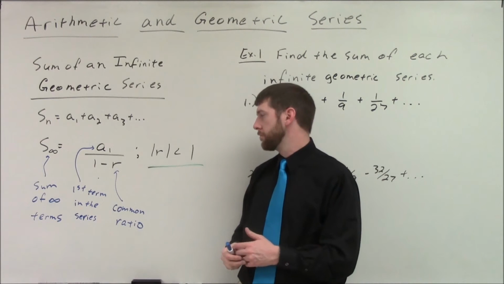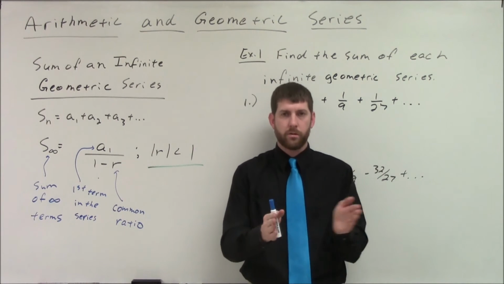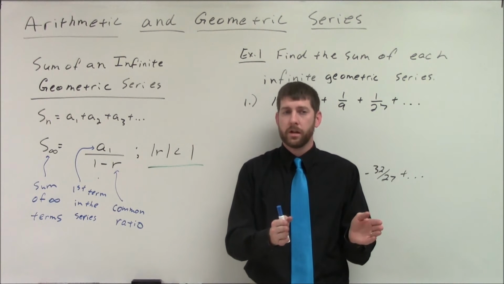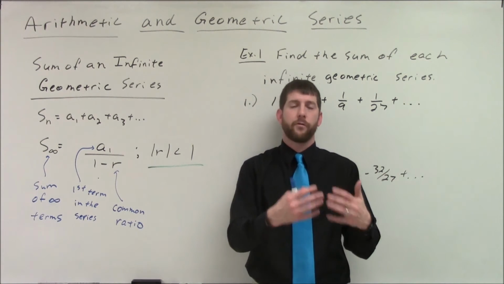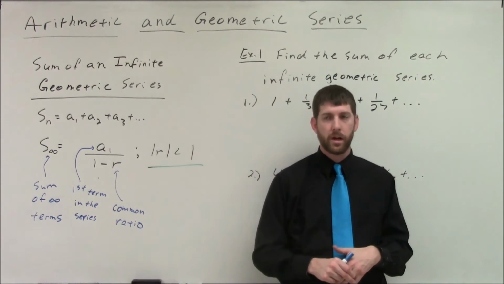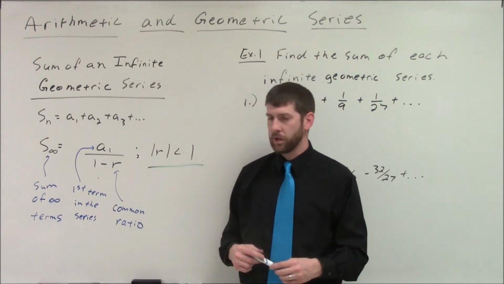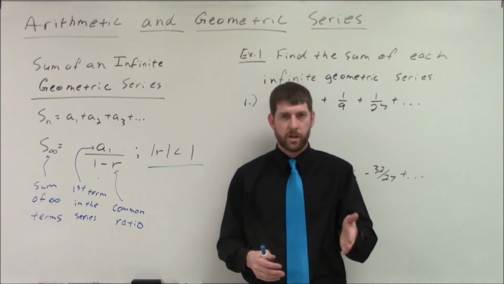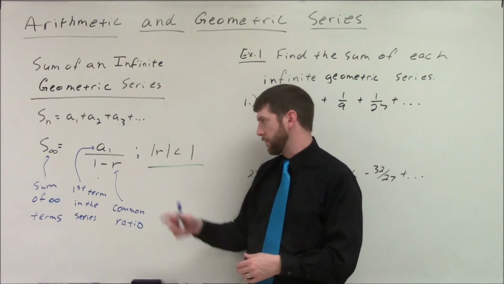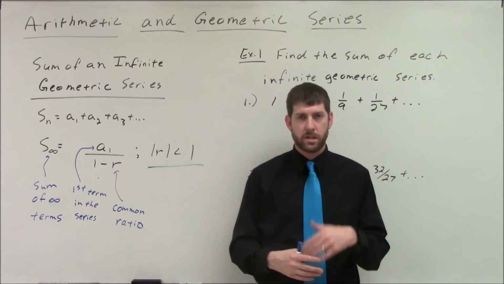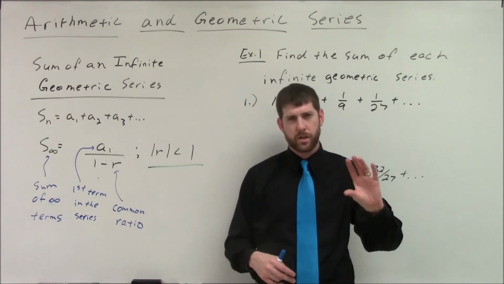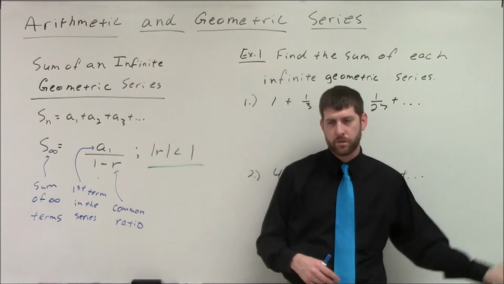If we're multiplying by a number smaller than 1, or between 0 and 1, the numbers are actually getting smaller because you're multiplying by a fraction, a portion of the original value. So if r was, say, a third, each next number is a third the size of the previous number. If we're multiplying by 3/4, each successive number is 3/4 of the previous number. So the numbers are getting smaller and smaller and smaller.